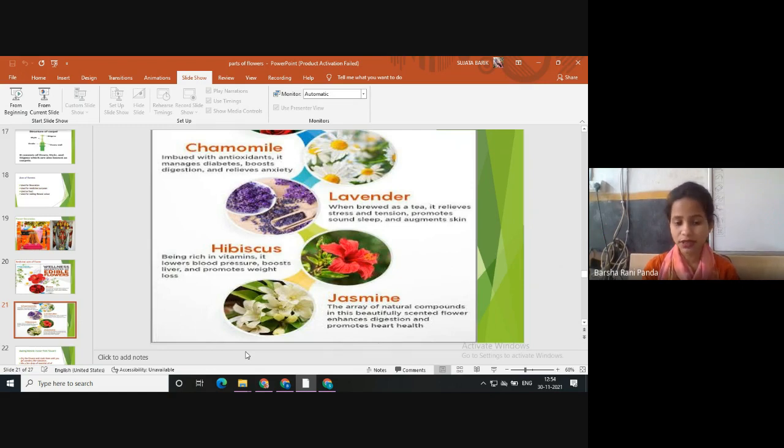Jasmine, as you know, is a very scented flower, and jasmine is used to enhance the digestion inside our body, and also it promotes the health of our heart.